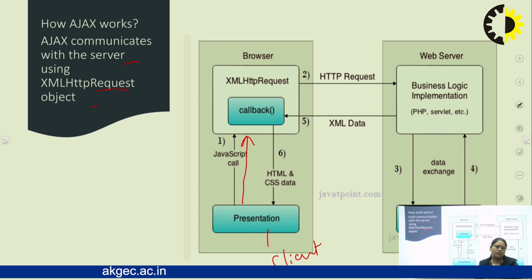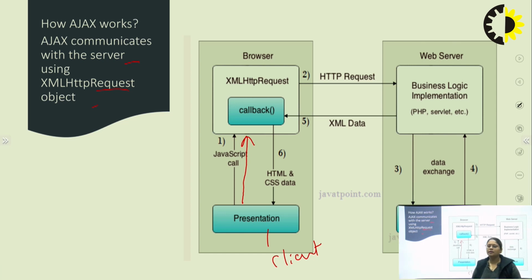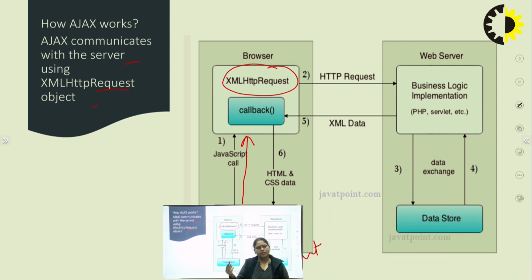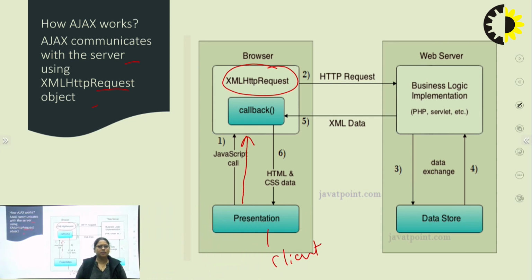That is a further part of web technology, which comes under the advanced topics. So number one, a JavaScript call is converted into the XMLHttpRequest. Then the XMLHttpRequest will go to the server.